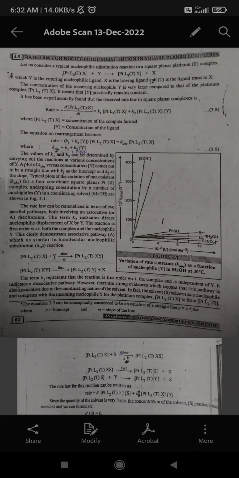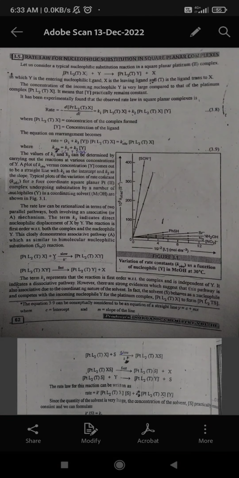On rearrangement, the equation becomes rate equals (k1 plus k2[Y]) [PtL2TX] equals k observed [PtL2TX], where k observed equals k1 plus k2 into [Y].